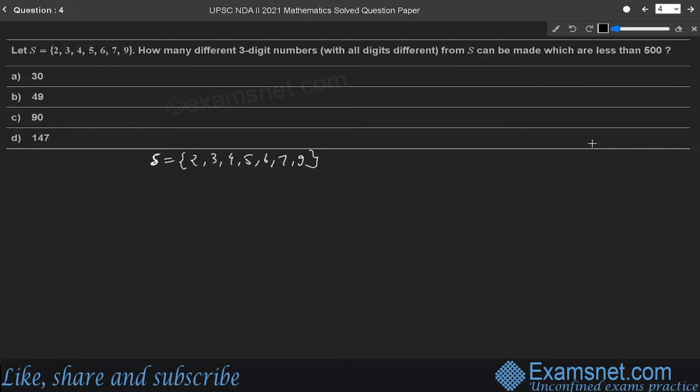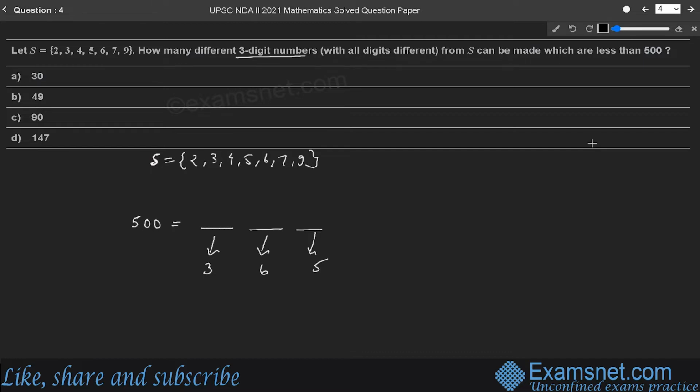In the question there is nowhere written that repetition of digits is not allowed, and we want to get 3-digit numbers, so there will be 3 digits in such a way that they can be made which are less than 500. So we have to make 3 digits which are less than 500. So obviously it will start with 3 and it will end with 5, and the middle term will be 6.